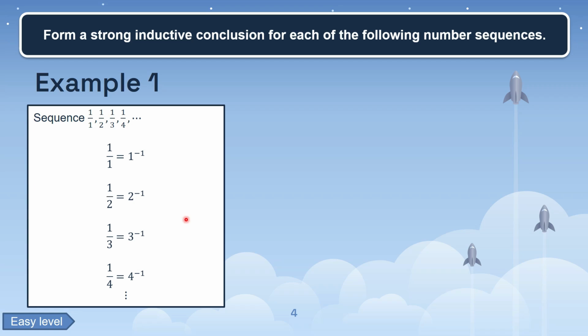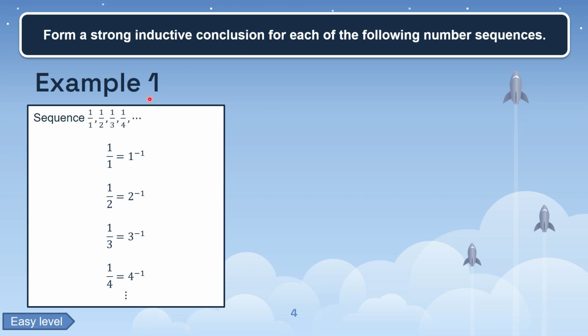From the question, we have this kind of function. 1 per 1 is equal to 1 power of negative 1, 1 per 2 equal to 2 power of negative 1, 1 per 3 equal to 3 power of negative 1, and 1 per 4 equal to 4 power of negative 1.